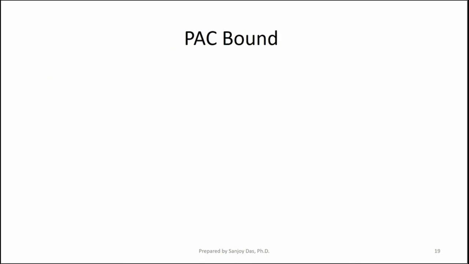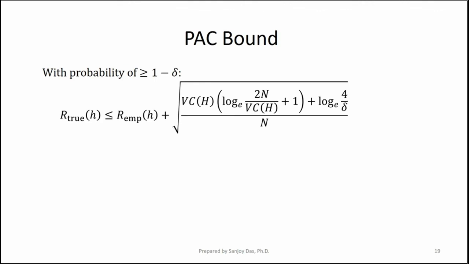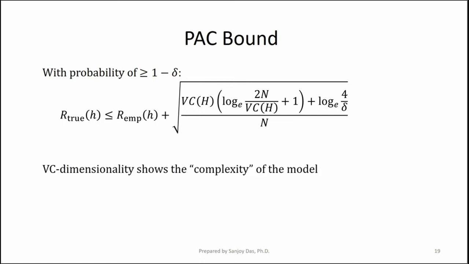So let's look at the PAC bound once again. With probability greater than or equal to 1 minus delta, this is the upper bound of the true risk. And for VC dimensionality, we want to keep this term as low as possible. This factor is more important than this one because it's inside the log, and it serves to increase the second term when the VC dimensionality is increased.